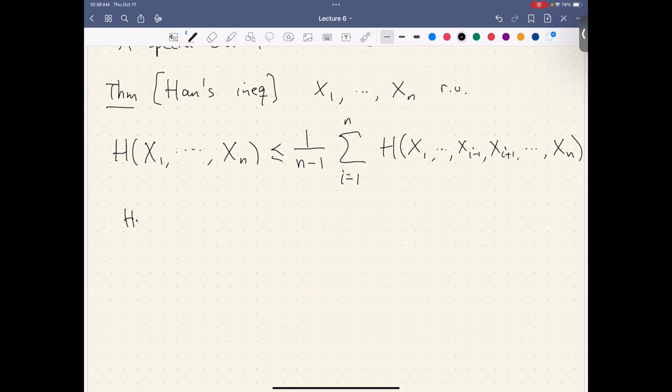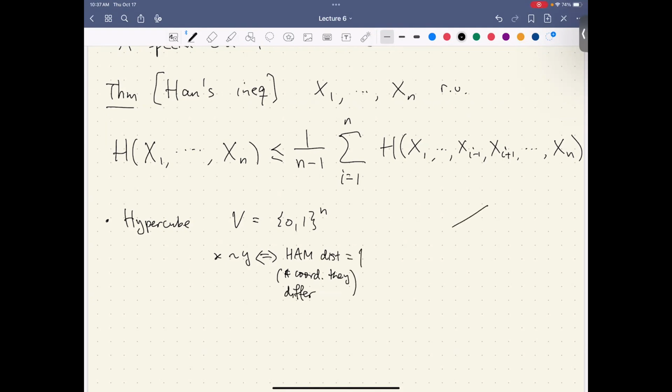Let's recall, it is a graph where the vertex set is just binary vectors of length n, and you have an edge if and only if their Hamming distance is 1, which is the number of coordinates they differ. So here's an example, the 3-dimensional hypercube, nothing but the 3-dimensional cube.